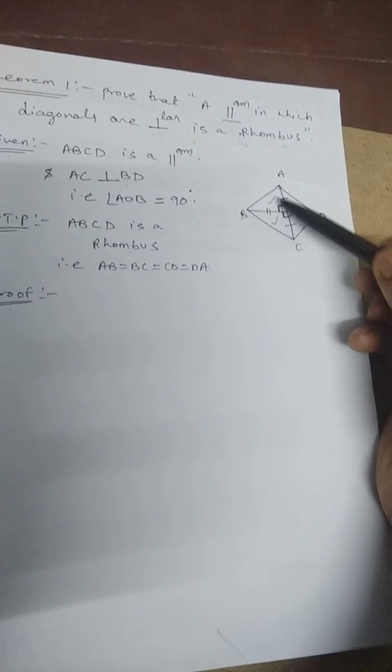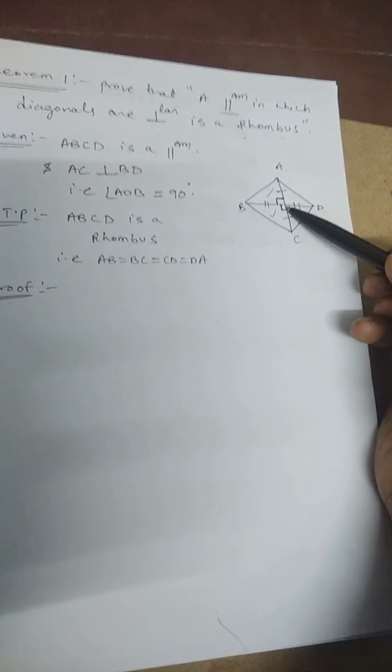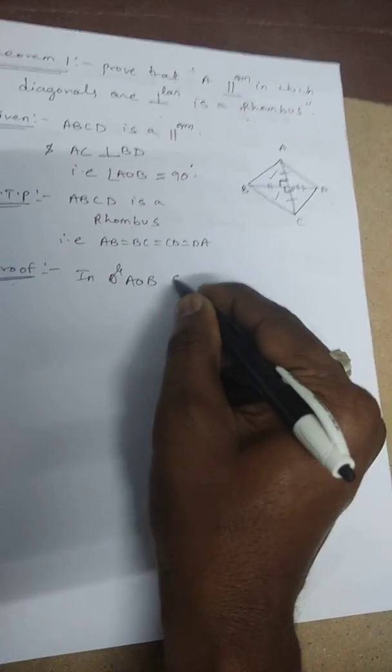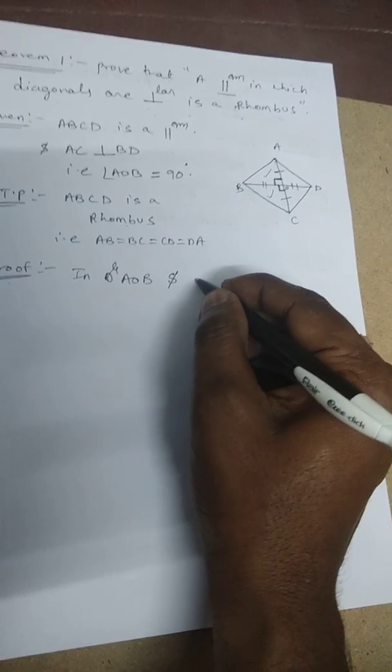To prove this, I will take the adjacent triangles. Here in this figure, I will take these two triangles, triangle AOB and triangle BOC.